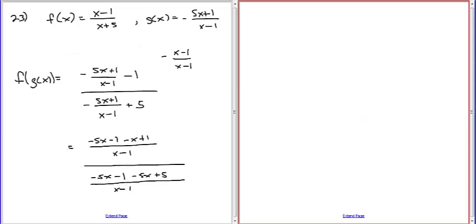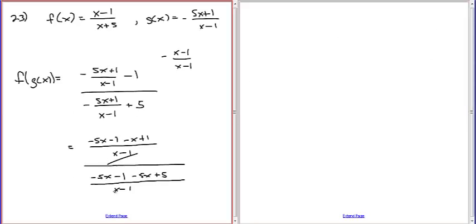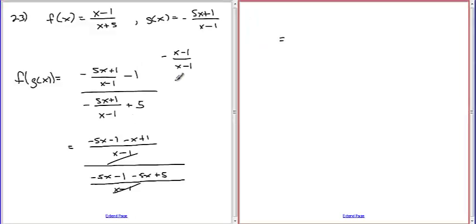Okay, let's see if this is working out. So now these two cancel. And then you can combine these terms. So you get negative 5x minus x, so that's negative 6x. You get minus 1 plus 1, which is 0. Down here you get negative 5x.